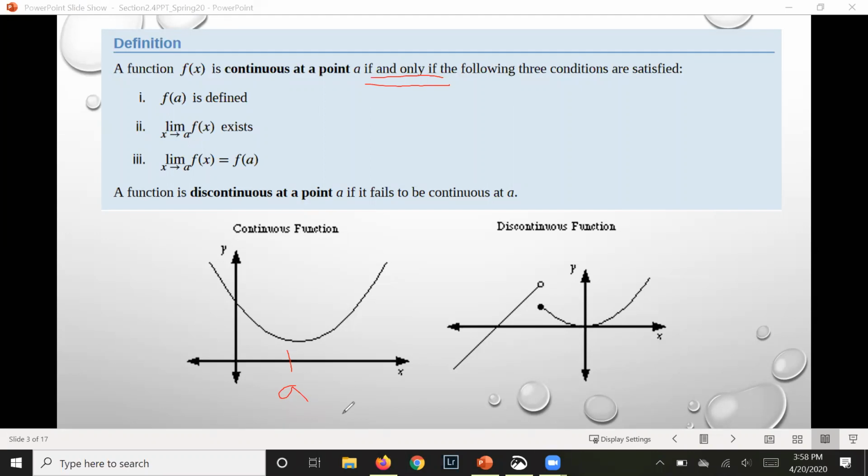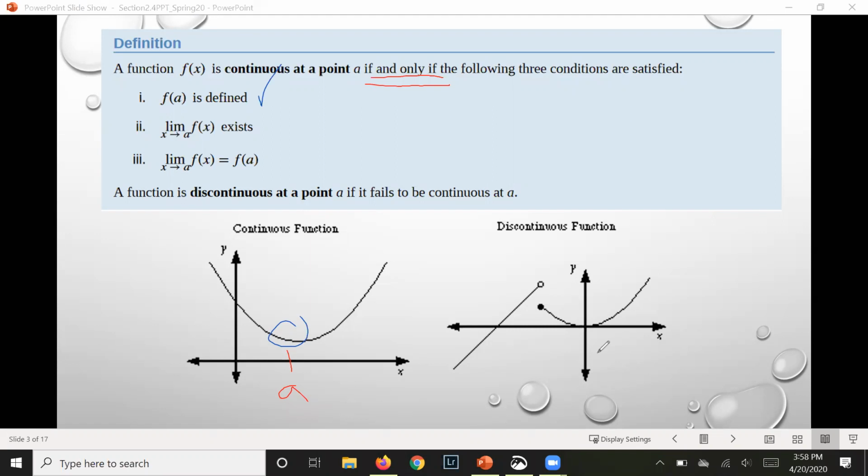And let's look at where f of a is. If we go up to the graph, it would be somewhere over here. First of all, it looks like f of a is defined, right? We can input the value a and we get something inside of that circle I just circled. So we have that first point checked off.